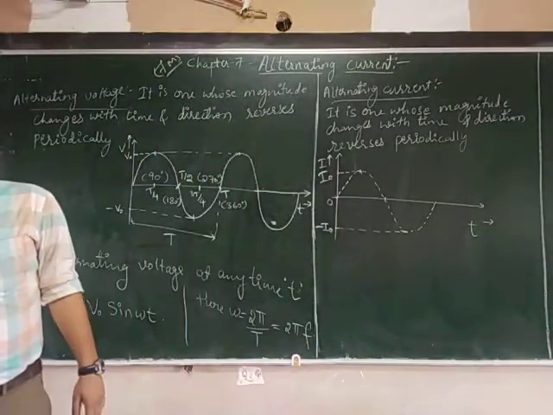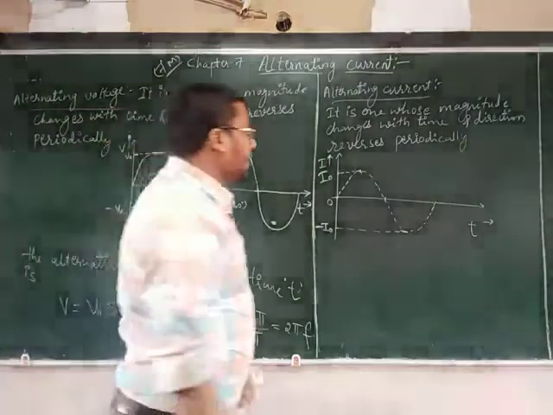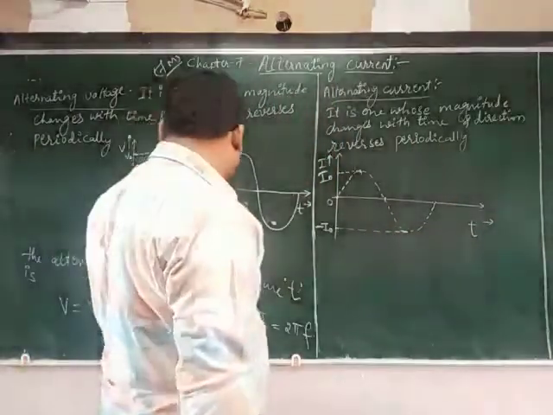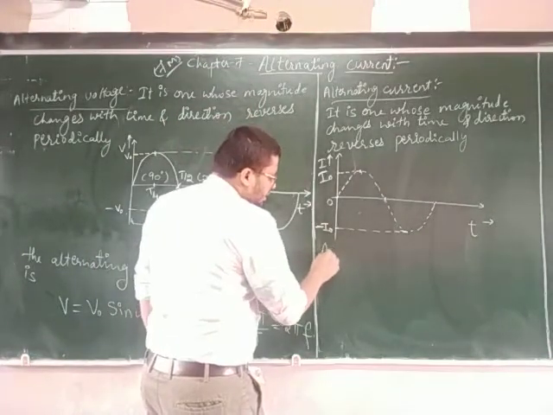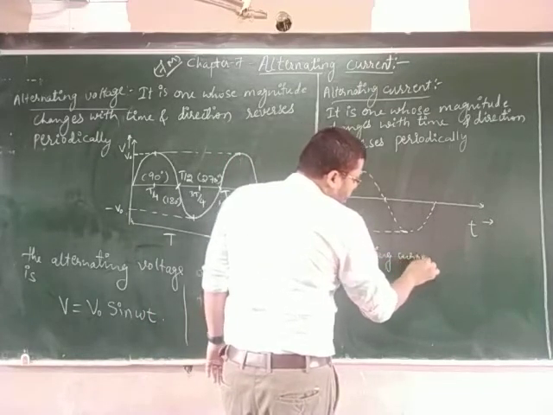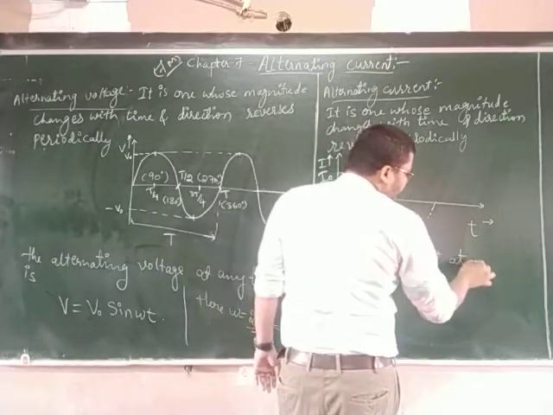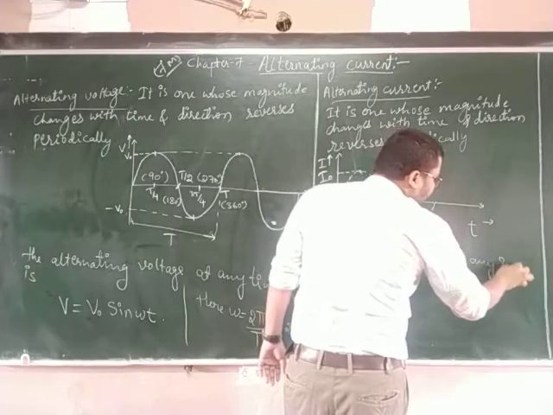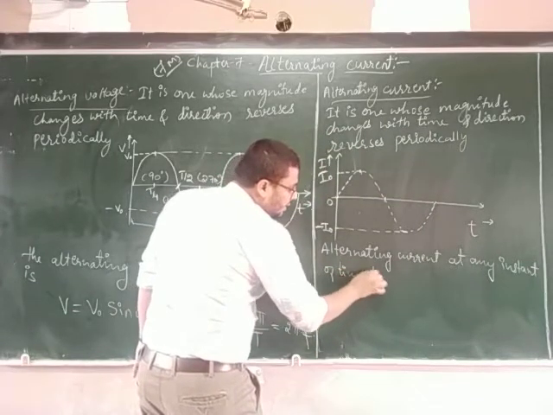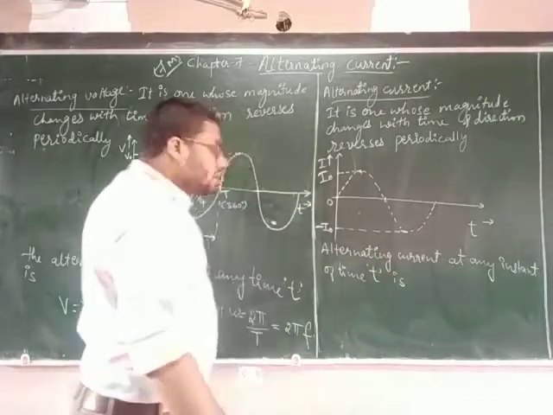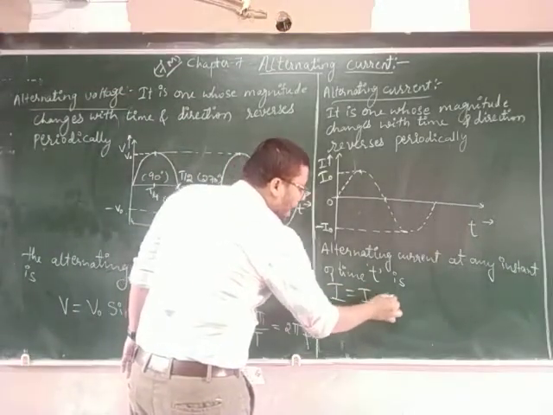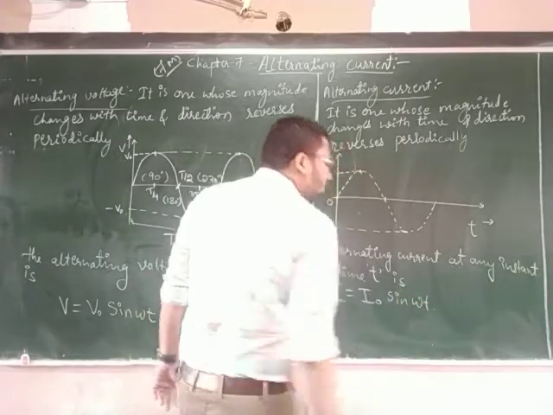Okay. Next, the alternating current at any instant of time t is, look here, instead of V, I'm going to write I is equal to I naught sin omega t.